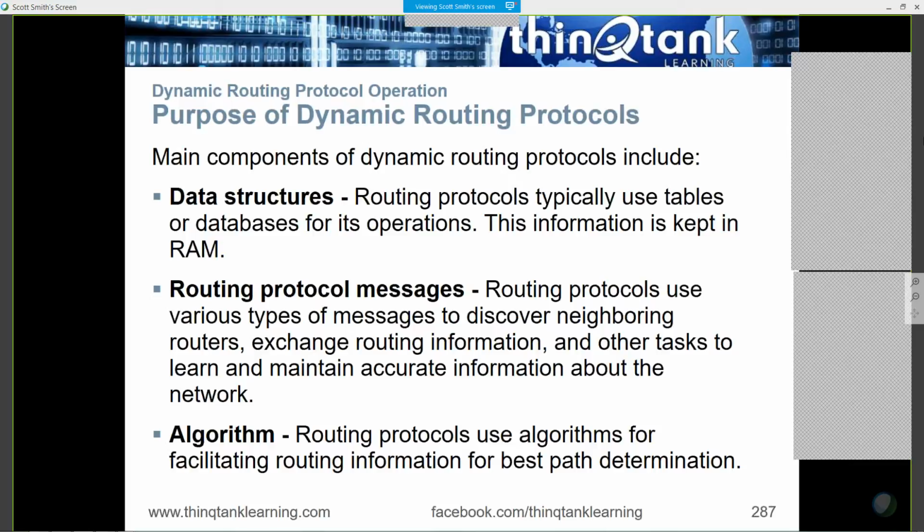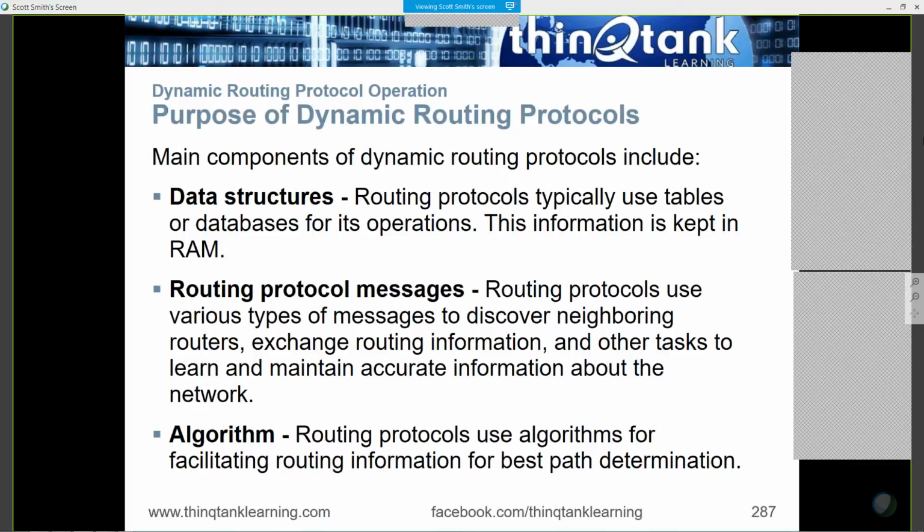So there's another data structure called a topology table. A topology table is a database of all of the paths that exist. So that's the second data structure. The first, the routing table, is the best path. The second, the topology table, is everything that I'm learning.